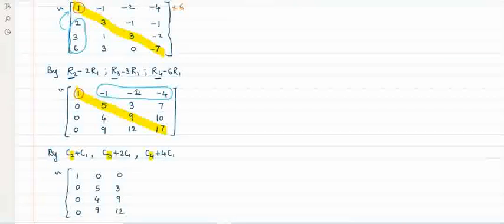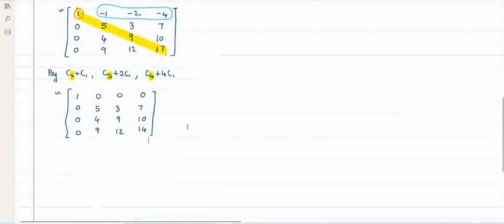Is it right? Yes. 7, 10, 14. One thing you can observe: these elements are 0, 0, 0, 0, 0. That's why that does not affect the next one. So this is the first step.